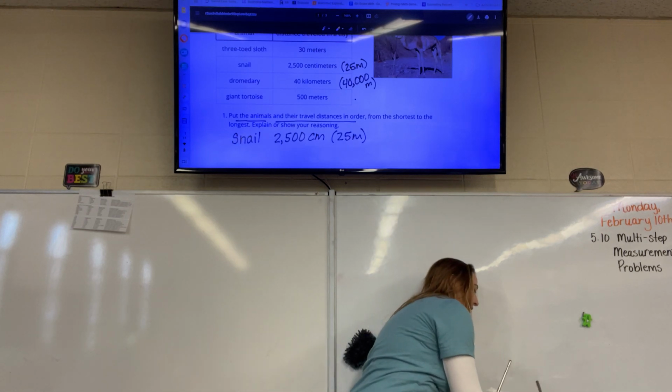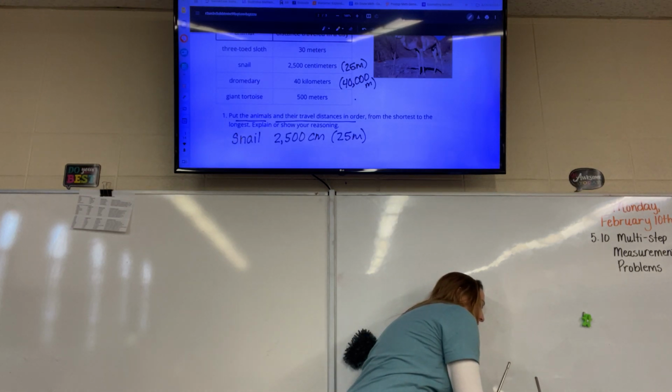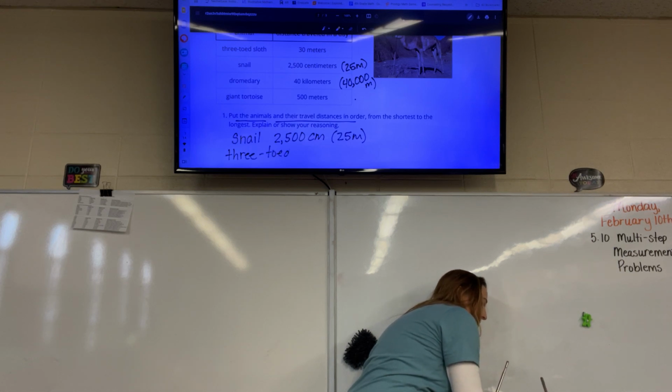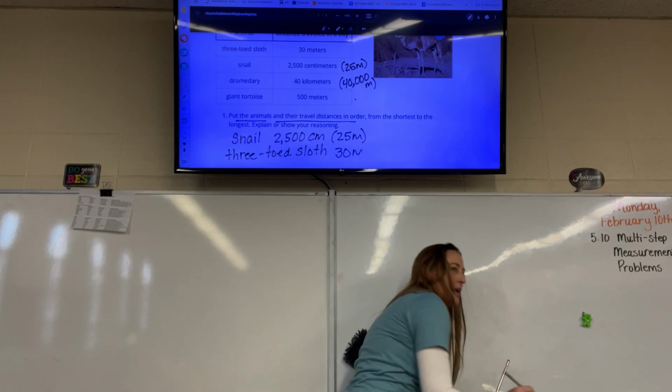That's correct. So now we're going to write 3-toed. That means it has 3 toes. 3-toed sloth is 30 meters.